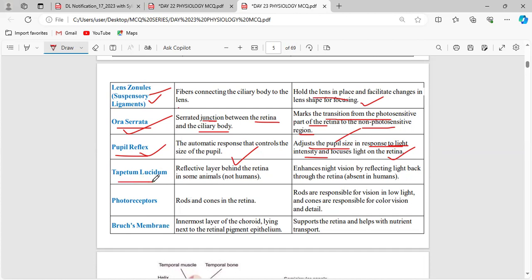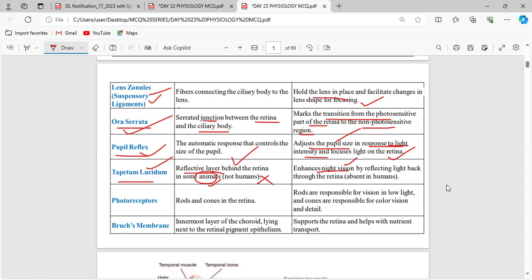Now, tapetum lucidum, an important structure. This is a reflective layer behind the retina in some animals, but it is not in humans. The function of the tapetum lucidum is to enhance night vision. This structure is present in nocturnal animals, which are active at night.